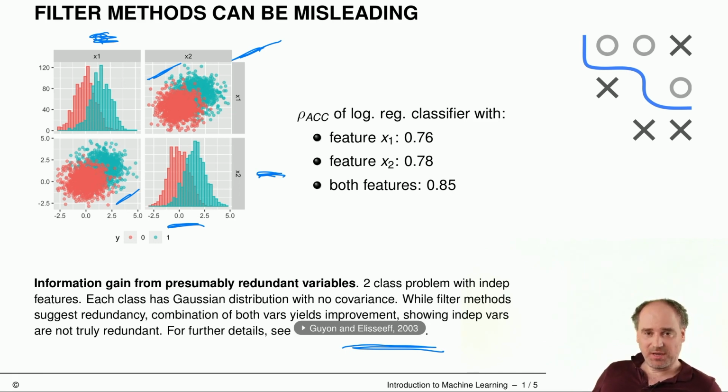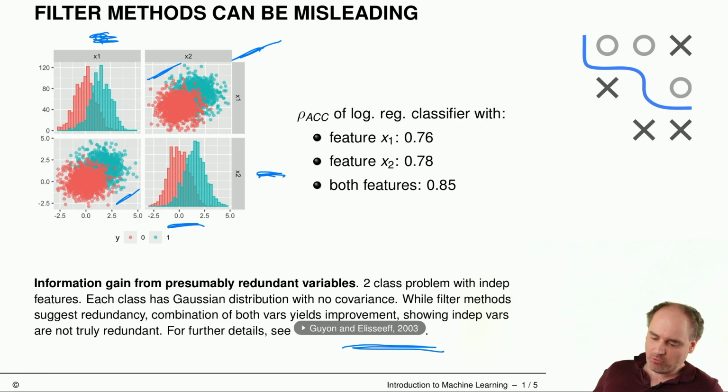Your filter method might also think that, because if you compute the filter value for x1 and for x2 from these 2 marginal distributions, they are not going to look extremely different. So you might conclude that x1 and x2 have the same value, and you can just pick one of the two, but using both will not be beneficial.